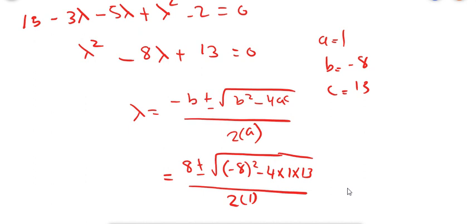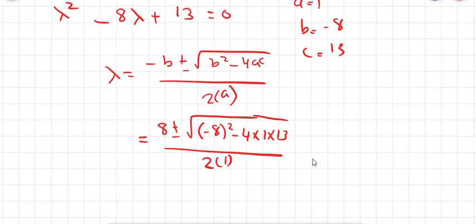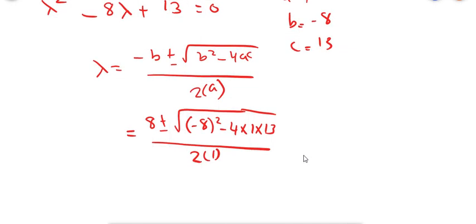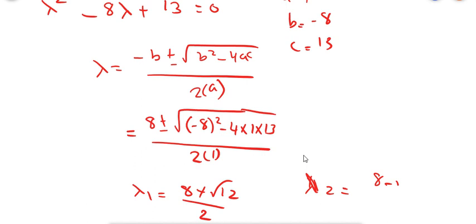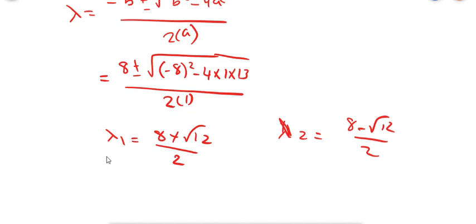Okay, so here the first value, lambda 1, will be equal to 8 plus square root of 12 over 2, and lambda 2 equal to 8 minus square root of 12 over 2. So you have to find the final answer by using a calculator.